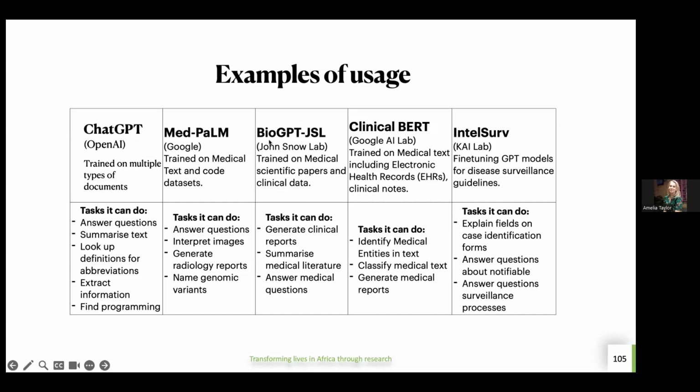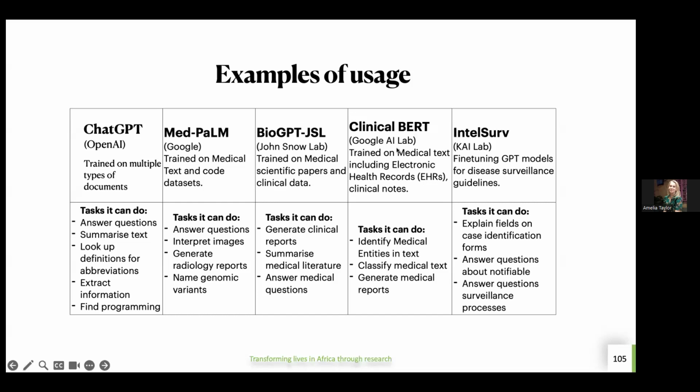Then we have this example here, BioGPT from John Snow Labs. It's trained on medical scientific papers and clinical data. Again, it can do similar things to MedPalm: generate clinical reports, summarize medical literature, answer medical questions, and so on.